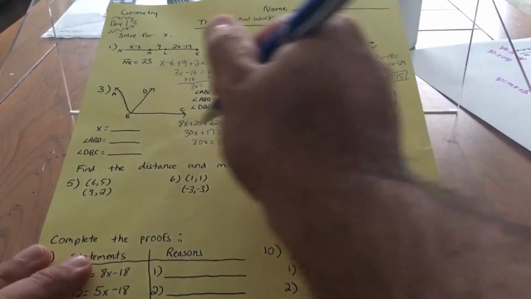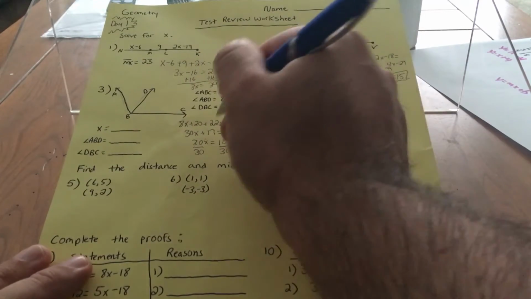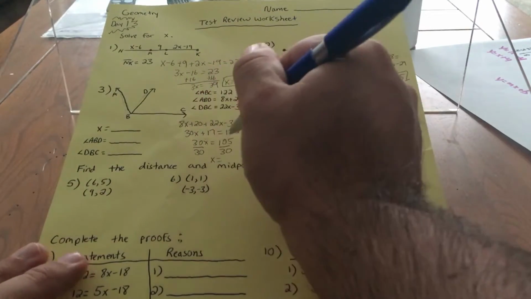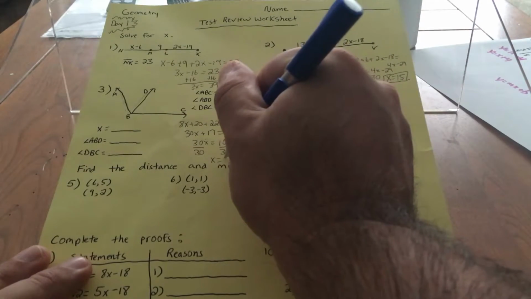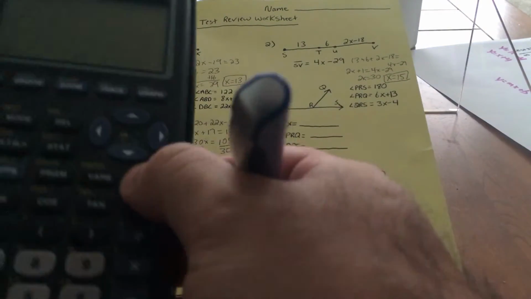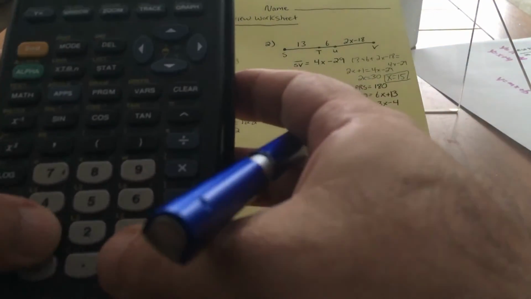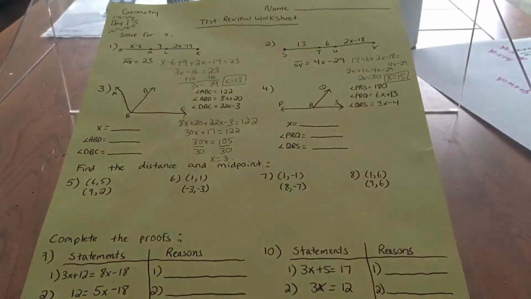And then you have to divide 30 into 105. So x is going to be equal to, well, it's going to be 3.5, I believe. I got a calculator here. 105 divided by 30.